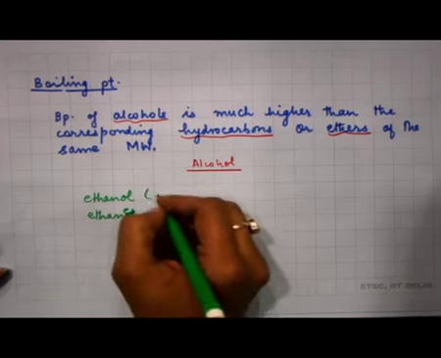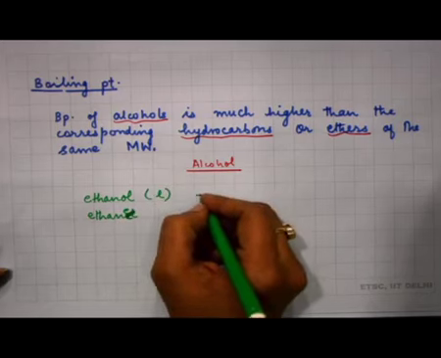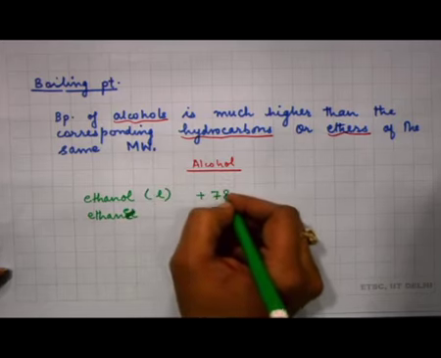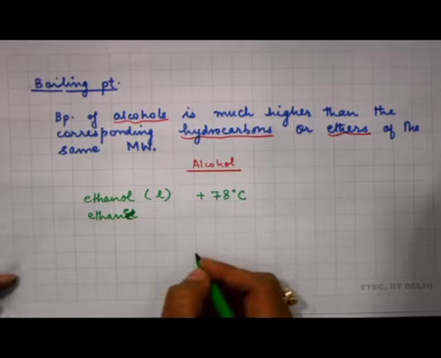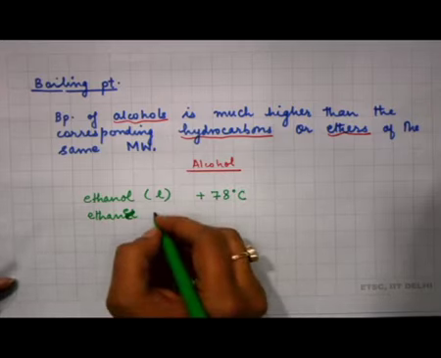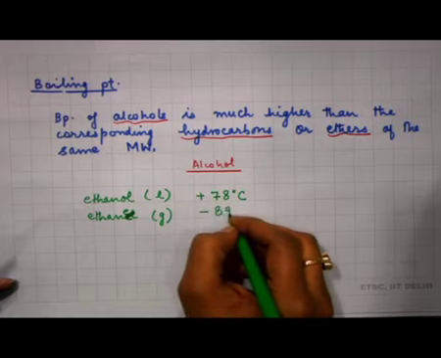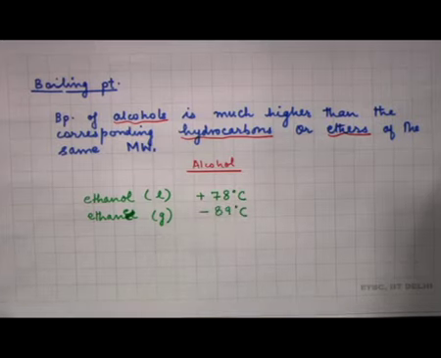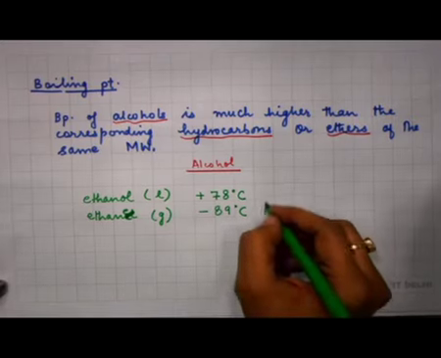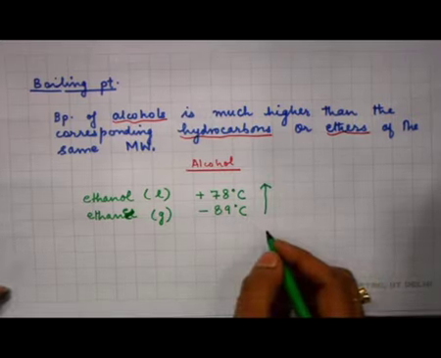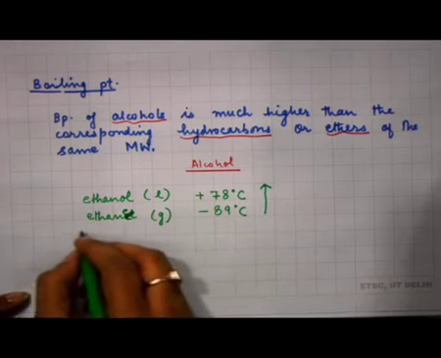So, ethanol is a liquid at room temperature, and the boiling point of ethanol is plus 78 degrees Celsius. Compare this to ethane, which is a gas at room temperature with a boiling point of minus 89 degrees Celsius. So, this clearly shows such an increase in the boiling point because of the additional hydrogen bonding interactions.